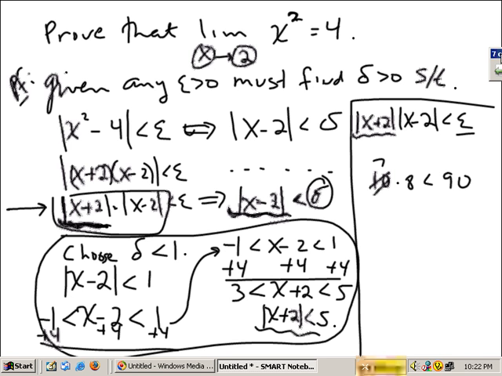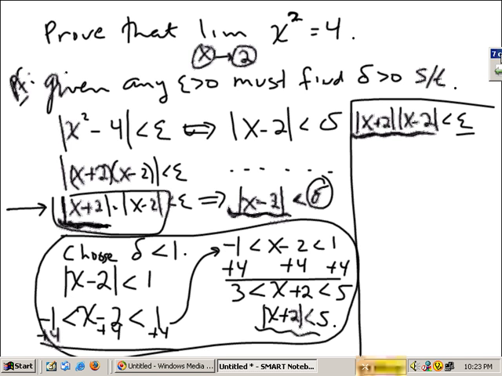So if I make the left side even smaller, of course it'll be less than epsilon, because epsilon is bigger than the left side. So if I make this even smaller, epsilon will still be bigger.